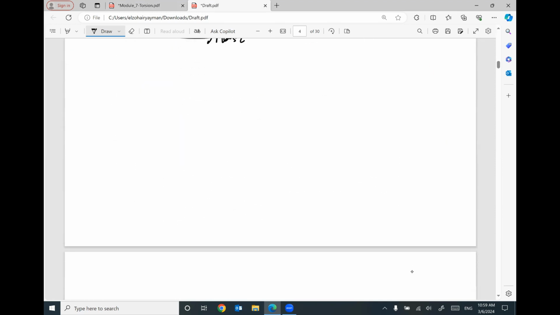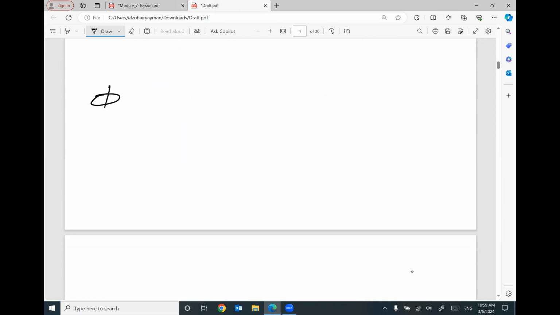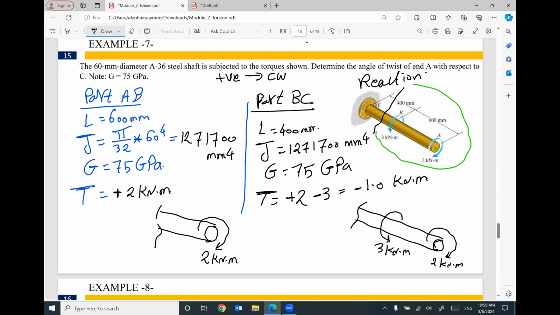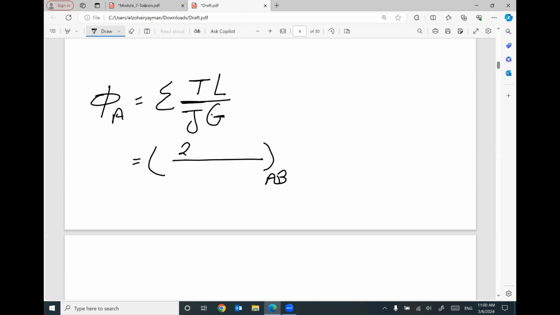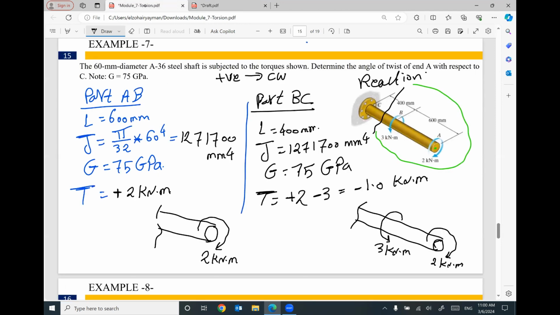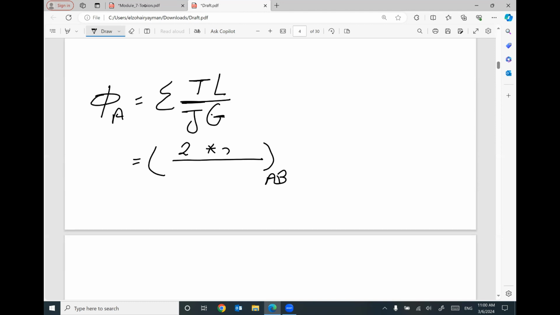So I can say the final angle of twist at the free end A will equal summation of T times L divided by J times G for each part. For the first part AB, the applied torque was 2. The length of this part, 600.